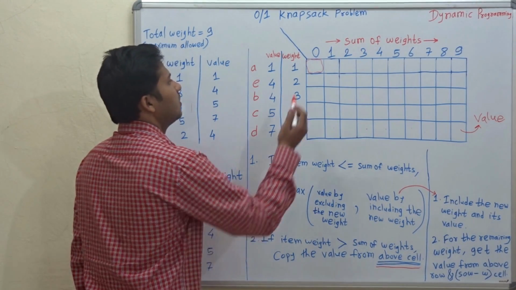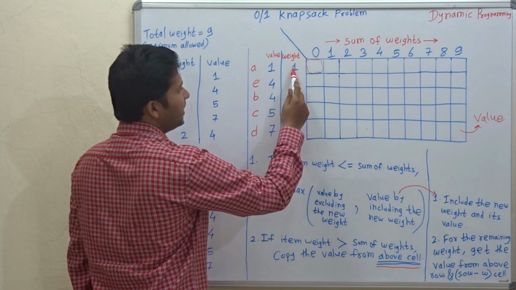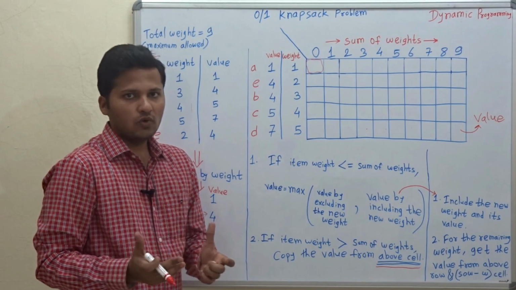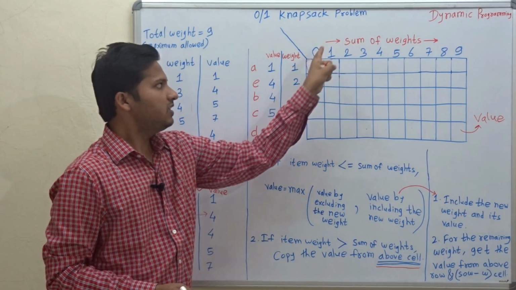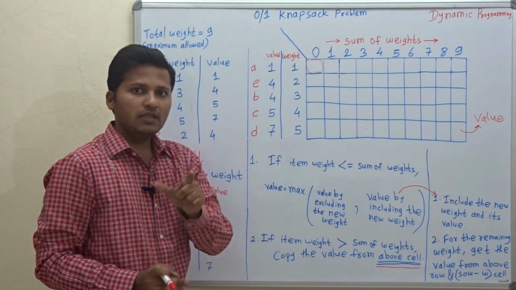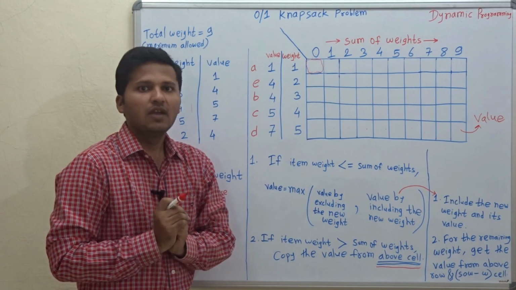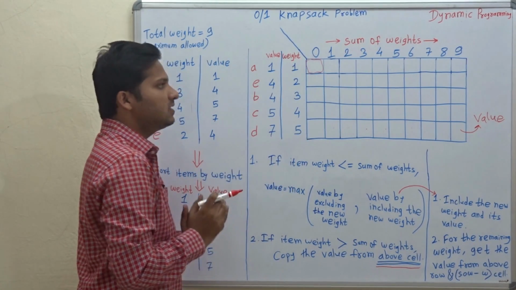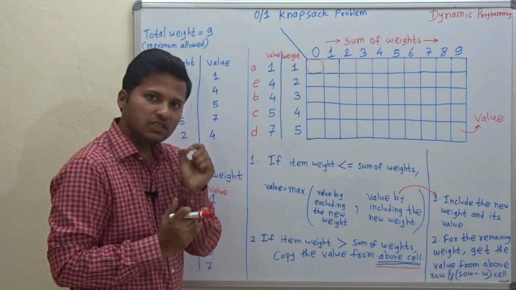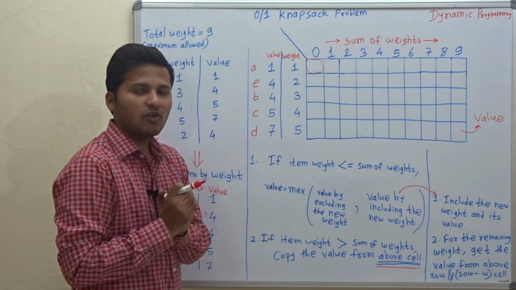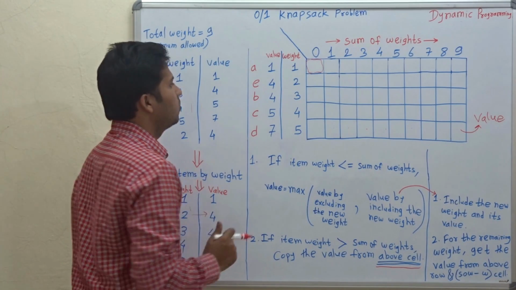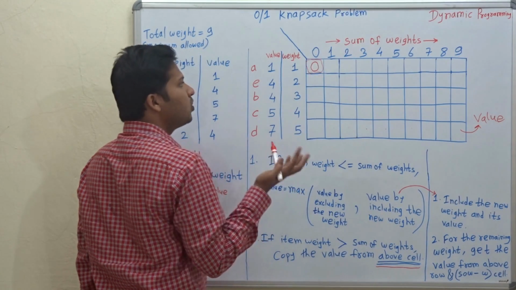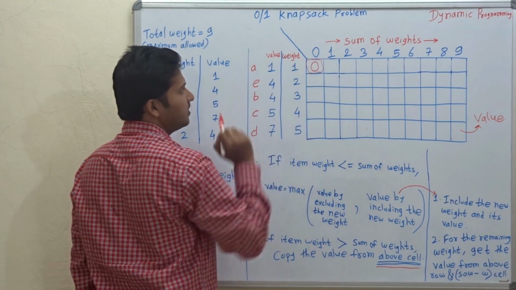Now for this cell, by using weight 1, can we form a sum of weight equal to 0? No, because a sum of weight equal to 0 is a hypothetical condition, and this is the base condition for our program. This hypothetical condition we have considered for the base condition of our program. So we will write the value generated as 0 because we cannot use this weight here.